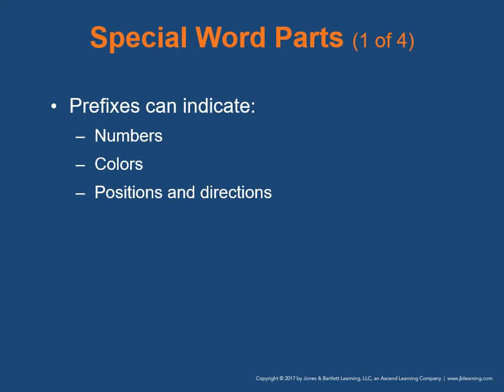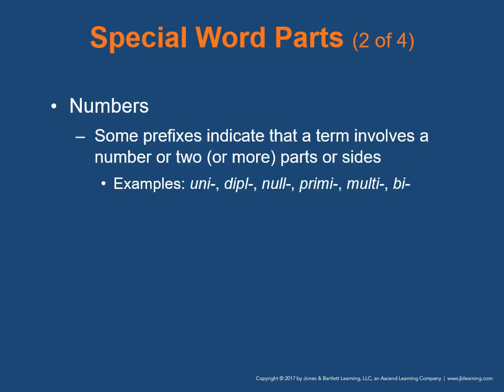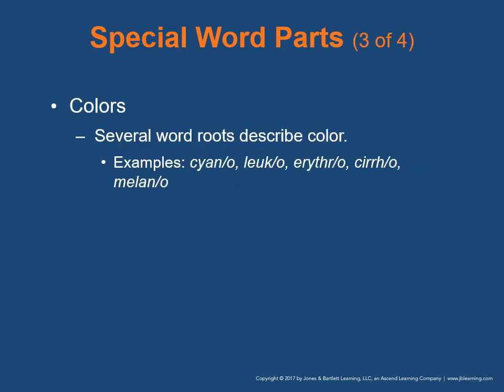Special word parts. Prefixes can be used to indicate numbers, colors, positions, and directions. For numbers, special prefixes are used to indicate if a term involves a number such as half, one, or two, or more parts or sides. Examples are uni, diplo, null, primi, multi, and bi. Color.